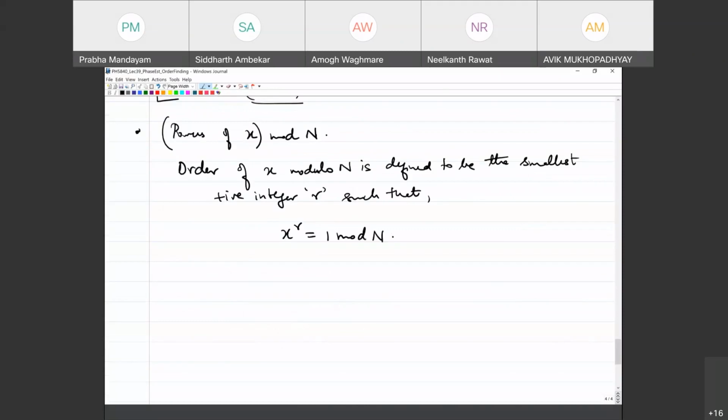Remember that x and n are co-prime here, otherwise this definition really does not make much sense. So recall that x and n do not have any common factors other than 1, of course.